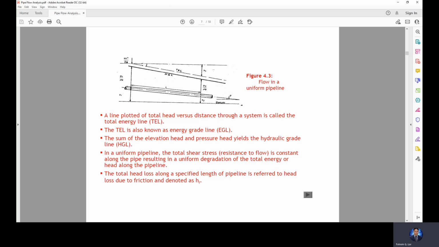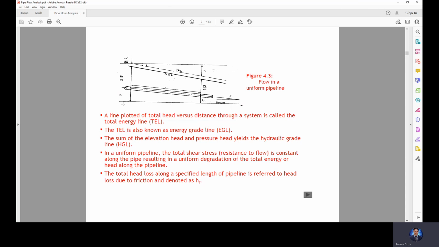So we can say that the total energy, E1, at point 1 is equal to the total energy at point 2. If we sum up all the energies present at point 1, we will start at a certain datum, a certain reference.